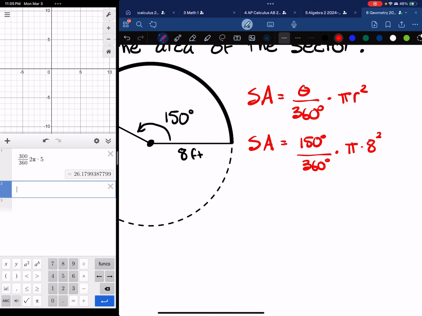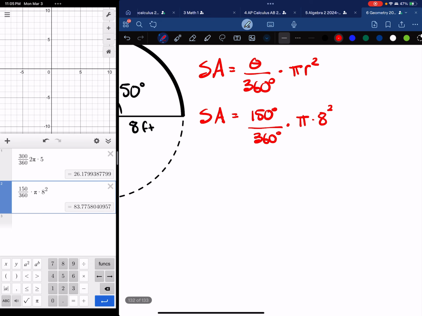Let's type in down here 150 divided by 360. I want to multiply that by pi, and then multiply that by r squared, which is 8 squared, and we get our answer. We say that sector area is now approximately this number. Rounded to one decimal place, it's going to be 83.8, and this is going to be feet squared.